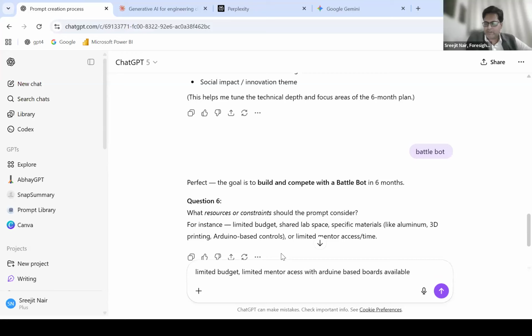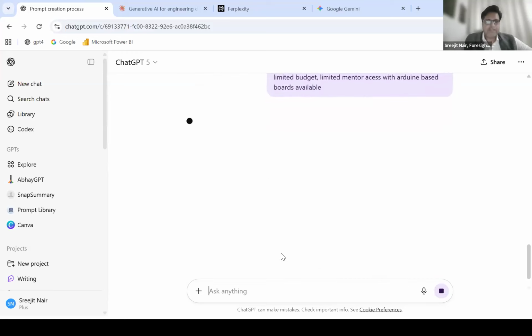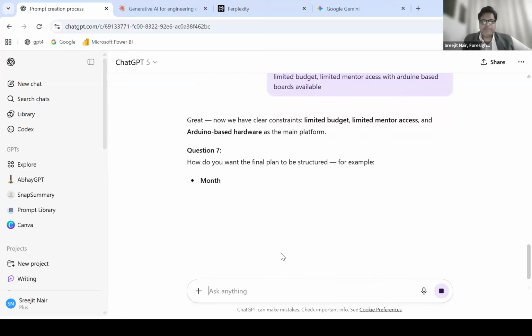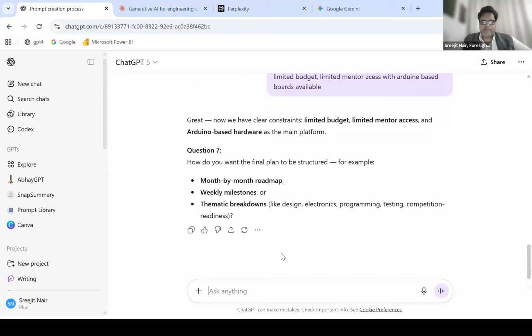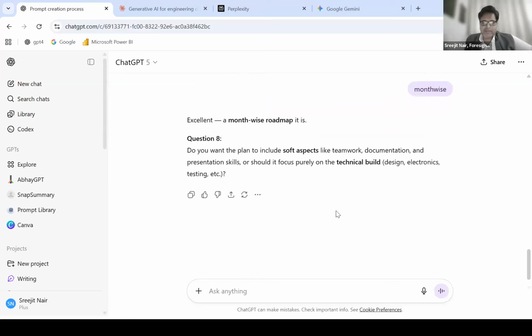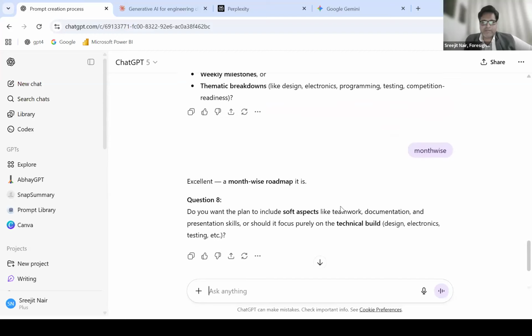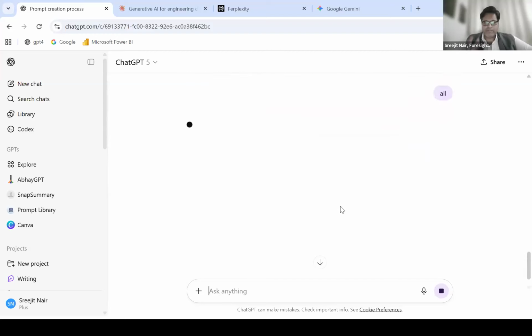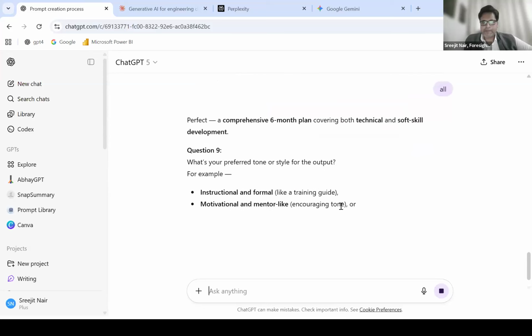So what is available in this college and what is not available, and month wise is what I would be looking at. So based on this, all plan for all, whatever the suggestion is, and concise is what I'm looking at.